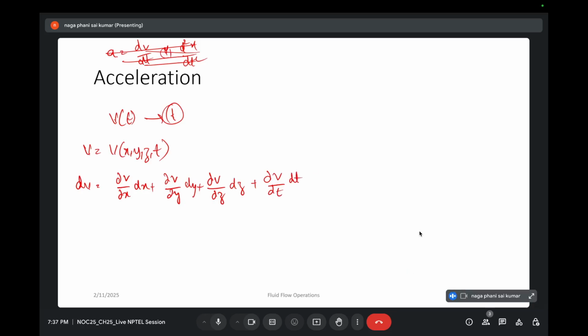Okay, so now if you want to calculate acceleration, it will be dv by dt. So this will be dou v by dou x into dx by dt plus dou v by dou y into dy by dt plus dou v by dou z into dz by dt plus dou v by dou t.